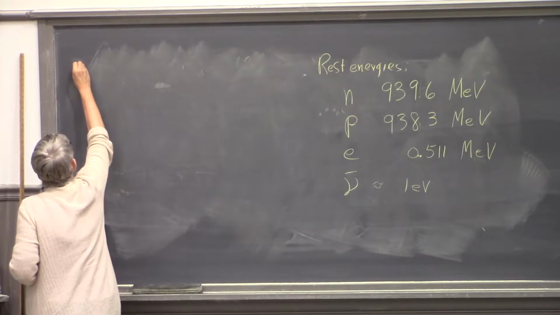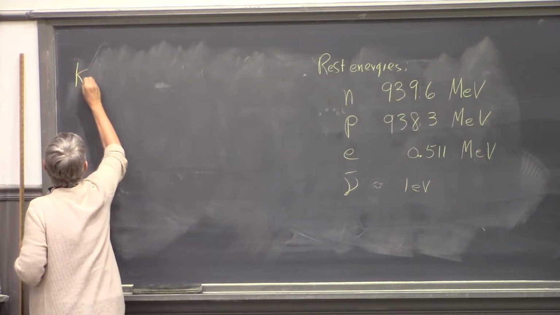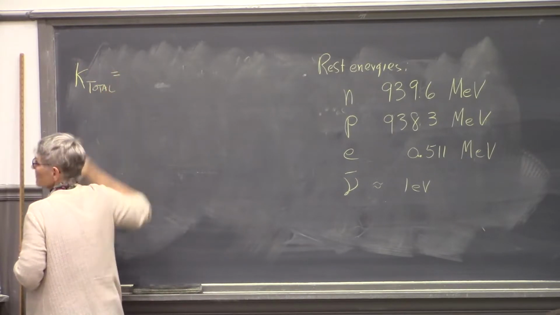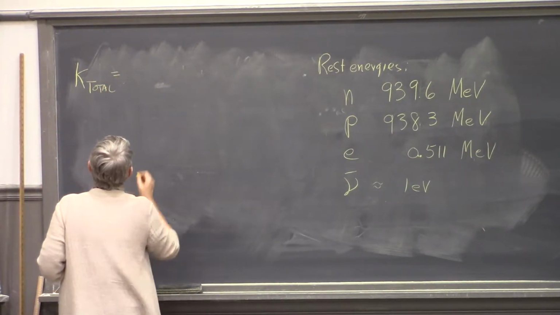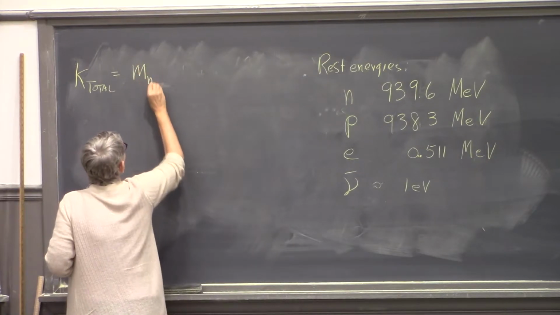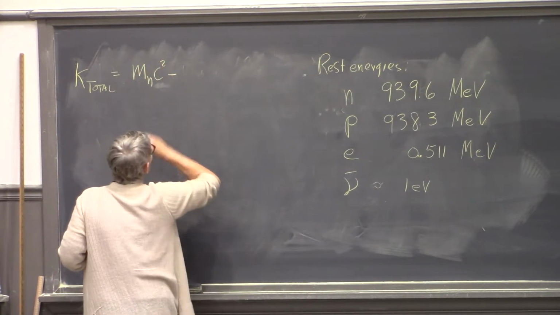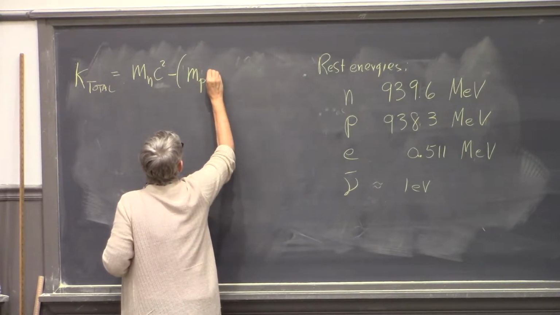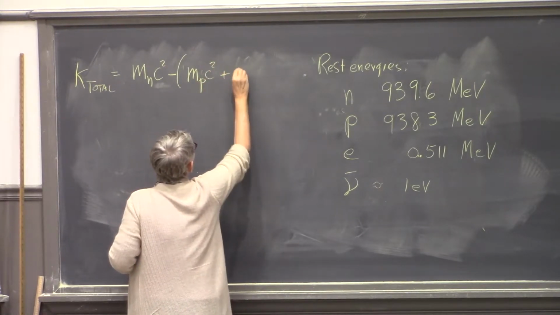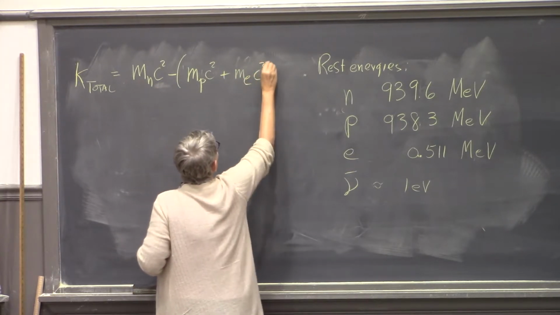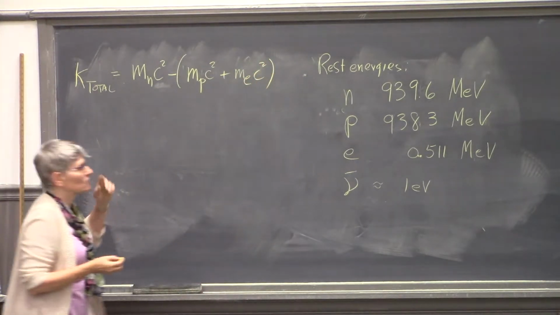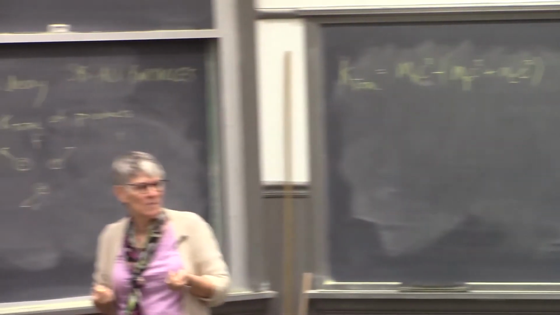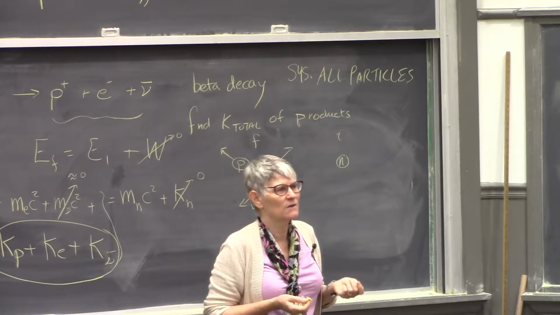It looks like, just rearranging this equation a little, I'm just going to write K total for that sum because it takes up less room, is equal to the mass of the neutron times c squared minus the rest energy of the proton and the rest energy of the electron, because the neutrino isn't going to show up here being 1,000,000 times smaller.